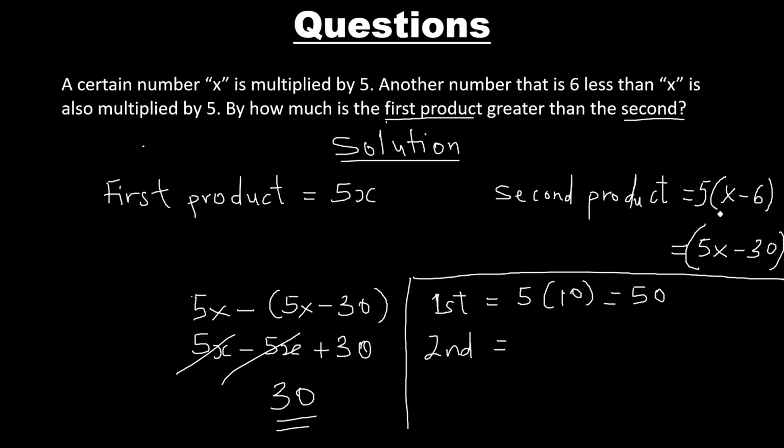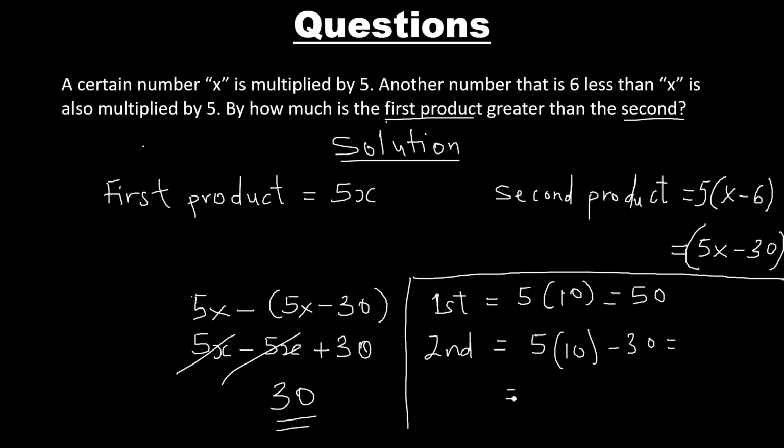will be this. This is our second product. 5 into bracket x minus 6, which is the same as 5x minus 30, because we expand on this, we get this. So 5x, but x is 10. So 5 times 10 minus 30.